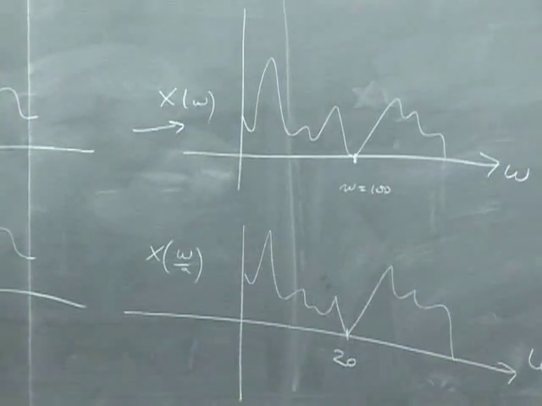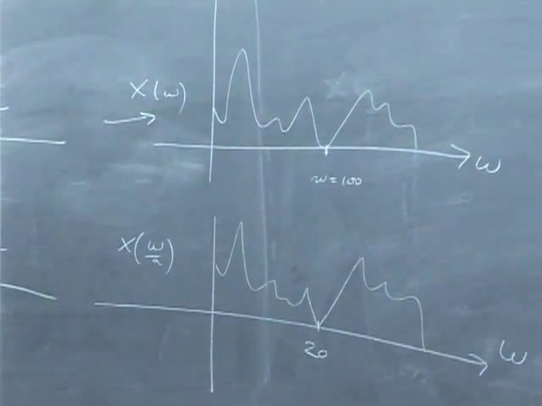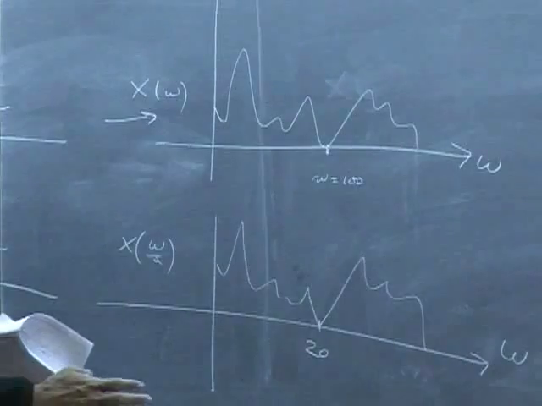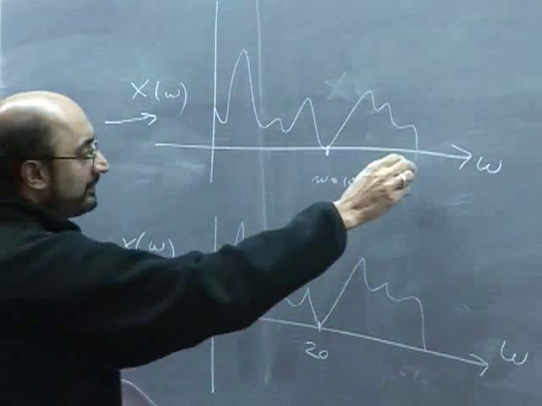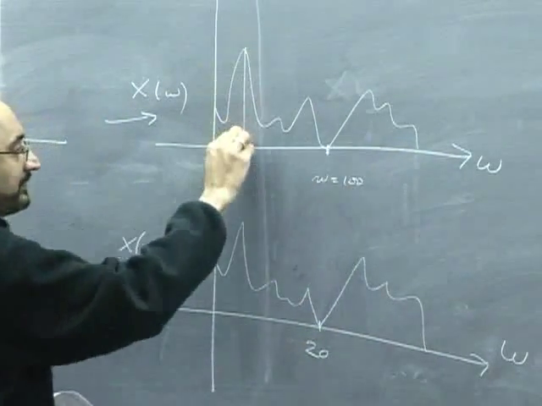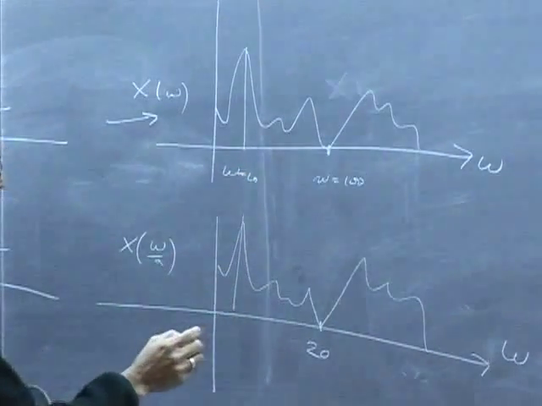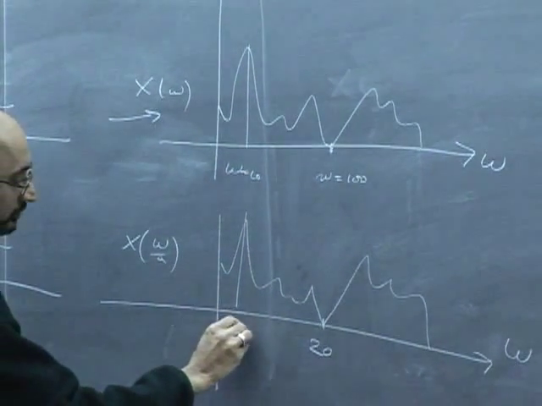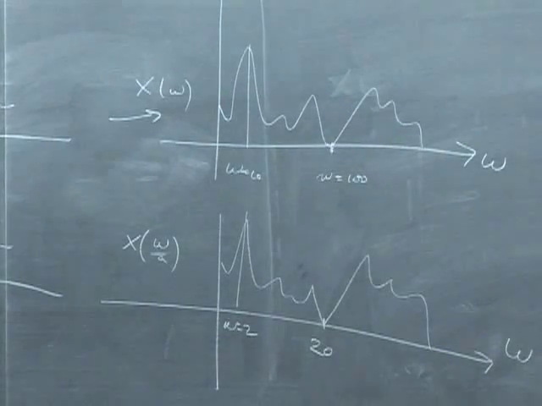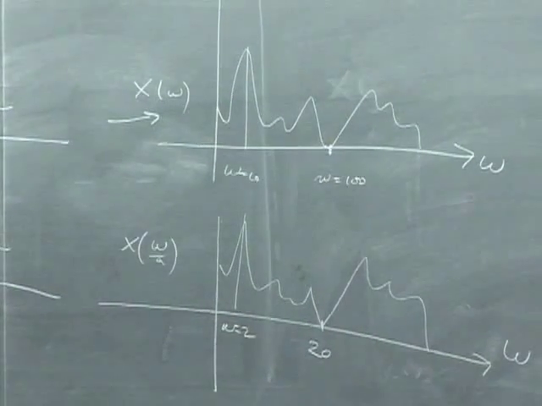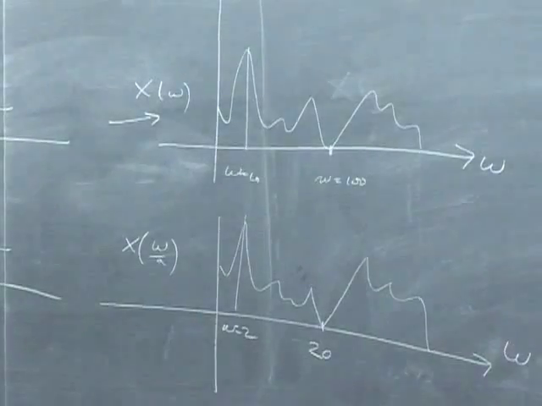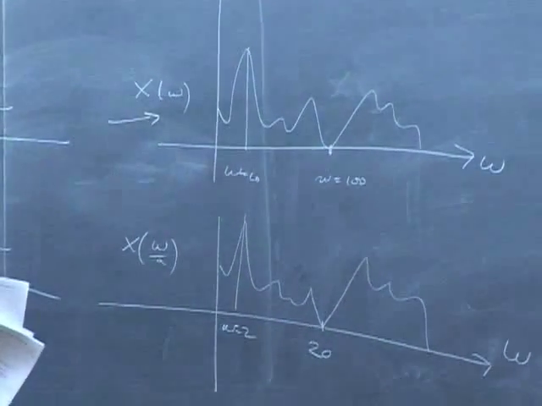So in the frequency scale, we're going to see this sort of expansion over here. What happens if this one happens at, let's say, omega equals 10, then this is going to happen at omega equals 2, because we're dividing by 5. Oh, wait a minute, am I doing this right? I always get confused with this stuff.